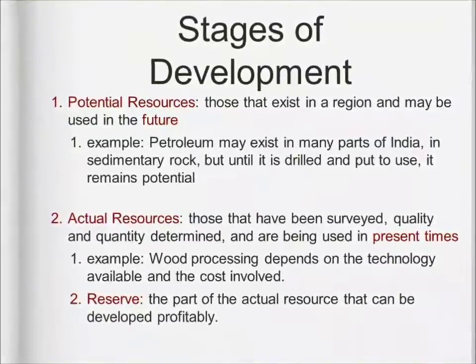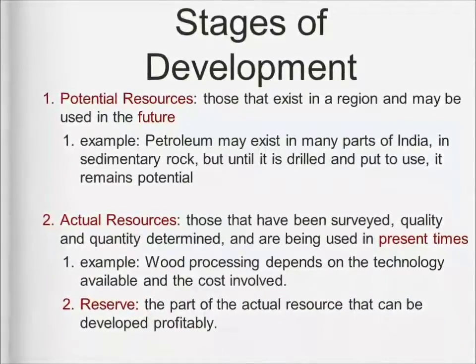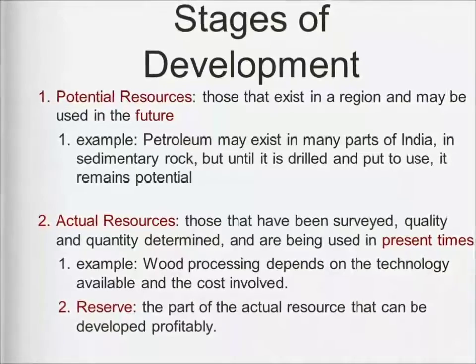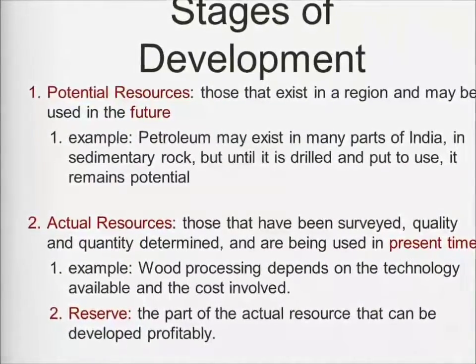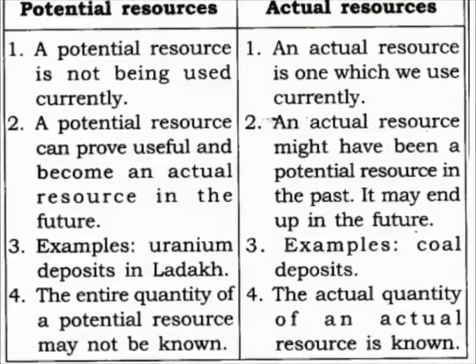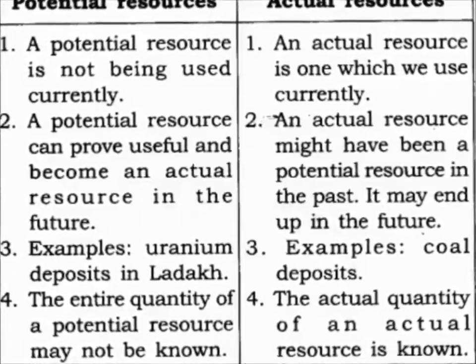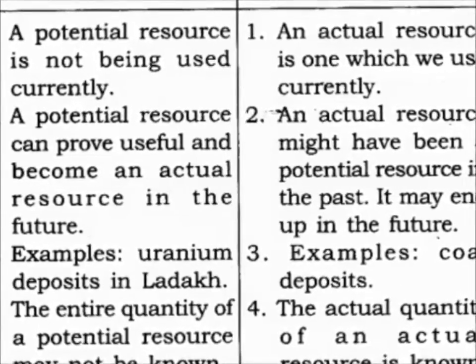So on the base of level of development and use, two types of resources are there. One is potential, which are useful to man but are not used presently; they have potential and will be used in future. And the other one is actual; they are actually being used with all their possible capacities.